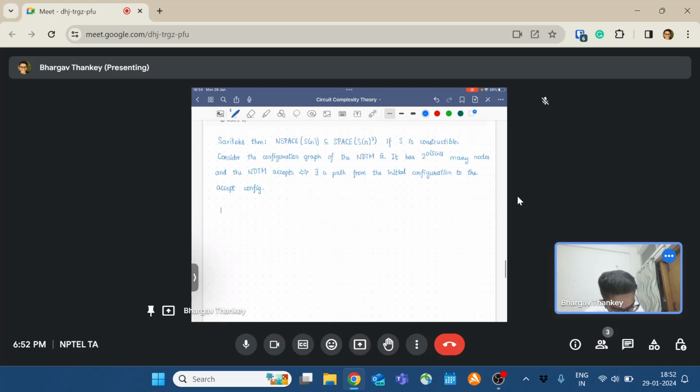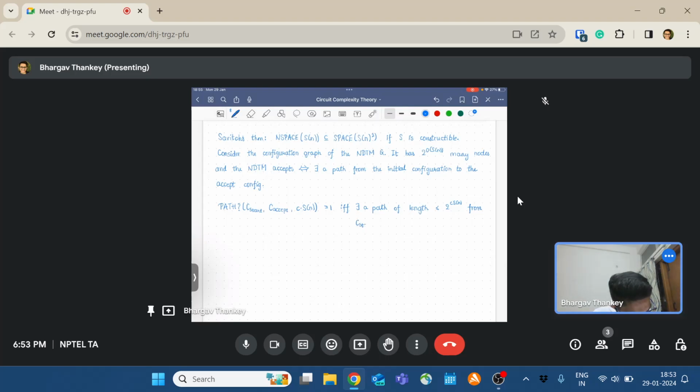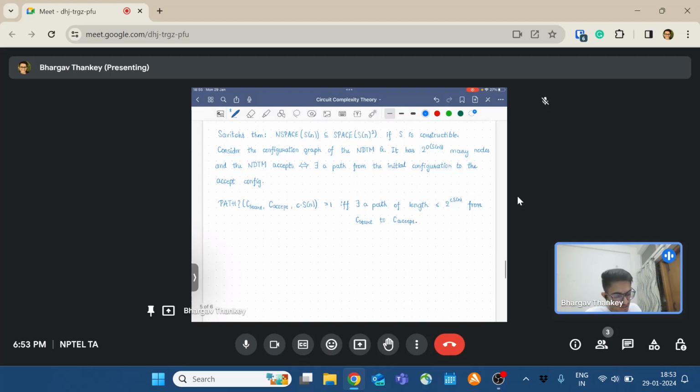What we want is to check whether there is a path of length 2 to the C times S(n). This is equal to 1 if and only if there is such a path. And then, as you were suggesting, we can do this recursively.